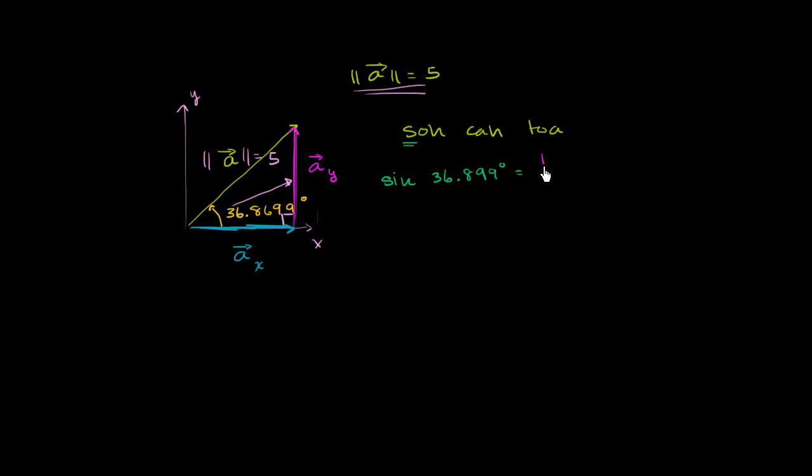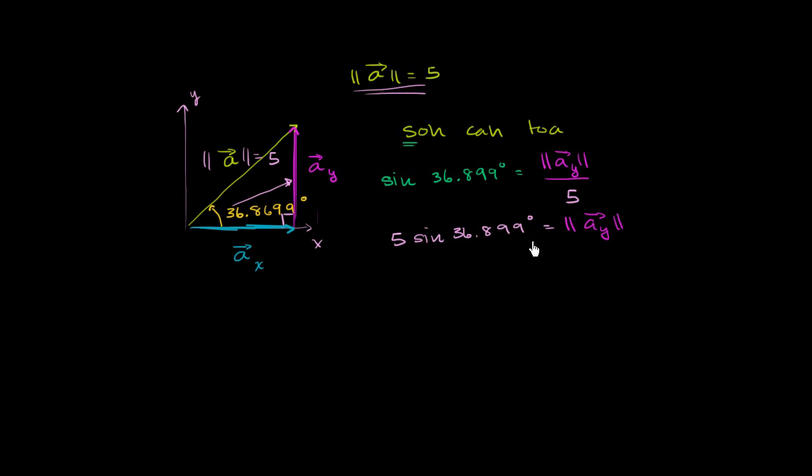So it is equal to the magnitude of our y component over the magnitude of the hypotenuse, over this length over here, which we know is equal to 5. Or if you multiply both sides by 5, you get 5 sine of 36.899 degrees is equal to the magnitude of the vertical component of our vector A.